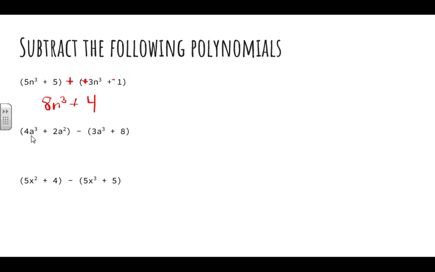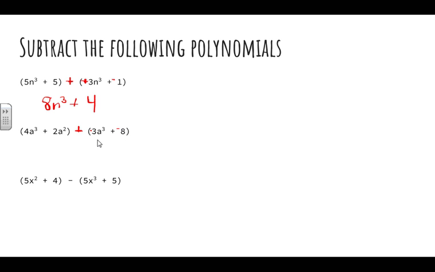All right. 4a cubed plus 2a squared minus 3a cubed plus 8. So we're going to change this to addition, and then everything in parentheses becomes its opposite. So now we have a negative 3a cubed and negative 8.